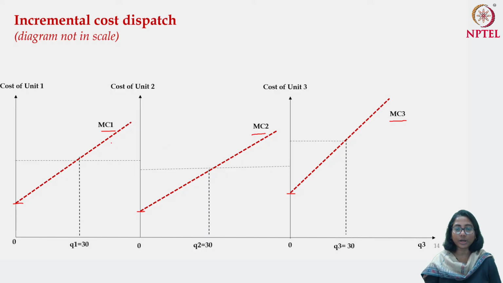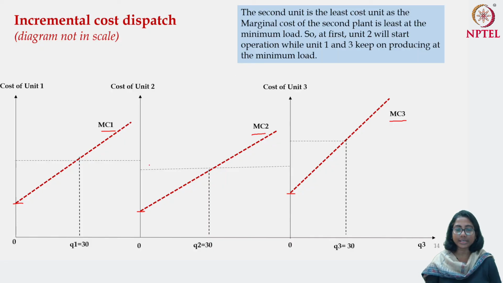The second thing is that look at the slope. The flattest one is MC2, that is the second generating unit, because it's most efficient. Then the first plant, which is next, and the third one is the least efficient. How do we see that? If all of them produce 30, then the minimum marginal cost is obtained here.